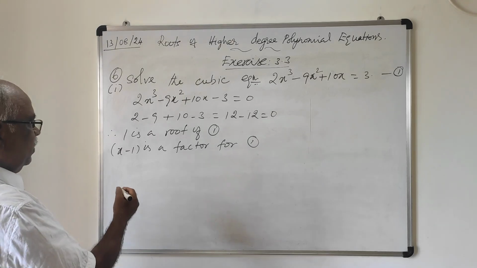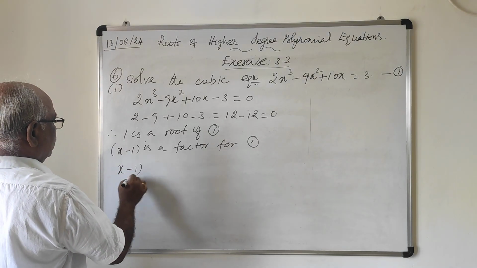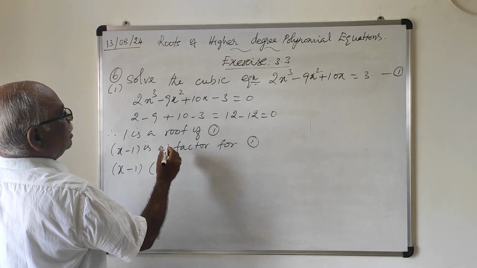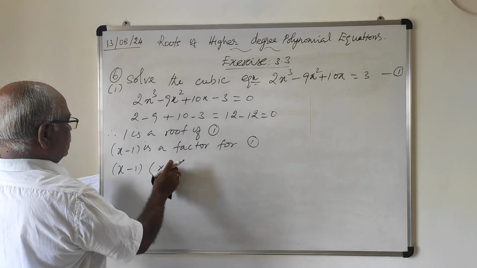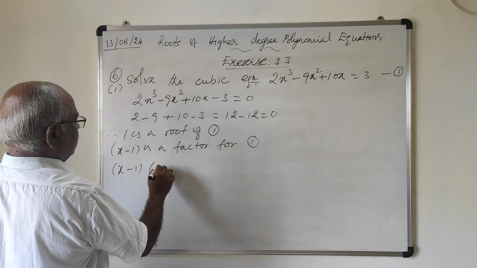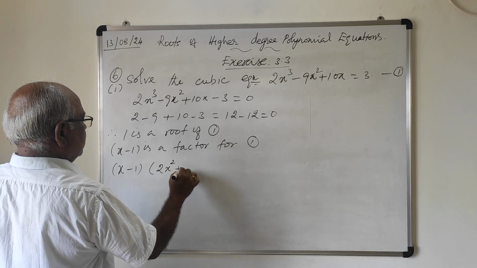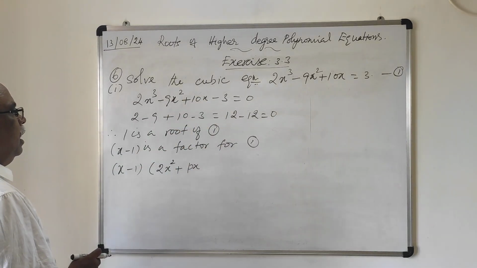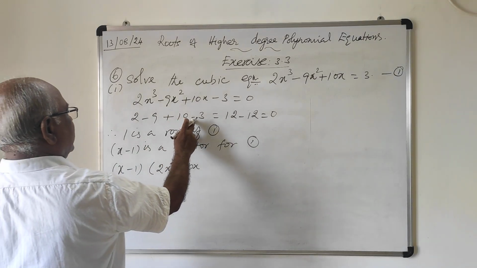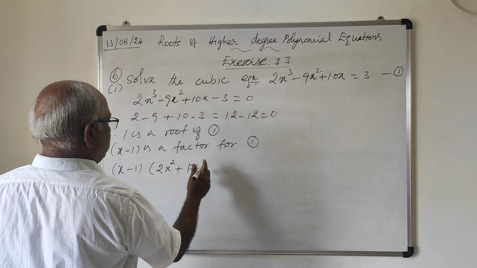So x minus 1 is a factor means x minus 1 into another factor. The other factor you can write as 2x square plus tx plus 3.